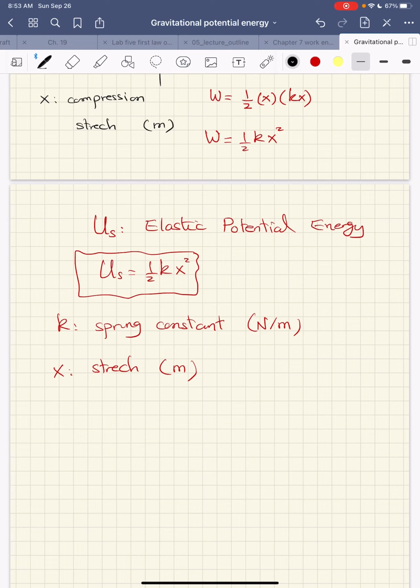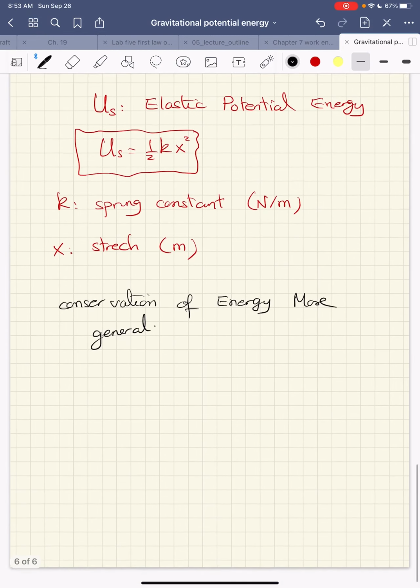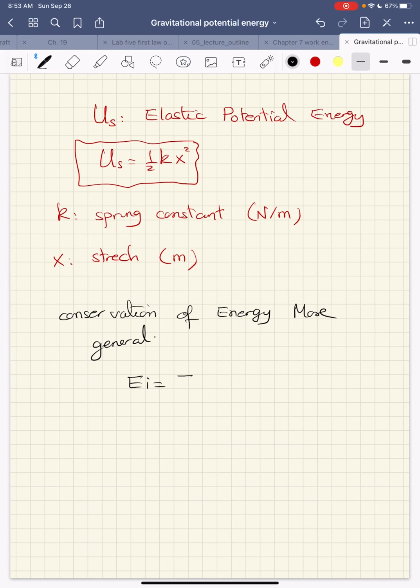Now, one of the things that I want you to know is that every time I add an energy, I will make conservation of energy more general, and then I will say EI equals E final, which means KI plus UGI plus USI should equal K final plus UG final plus US final.